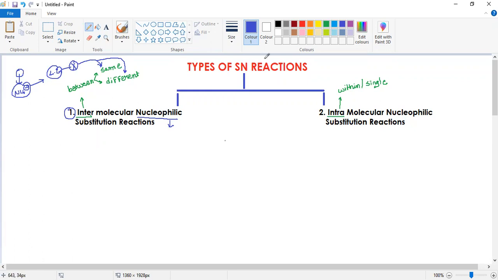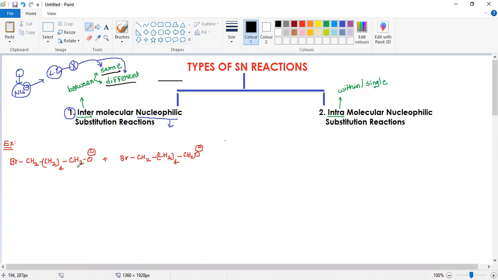So here now I will write the example. Here I have taken two molecules, are they same or different? Tell me. Bromine, CH2, CH2, CH2O minus, and here it is also the same.